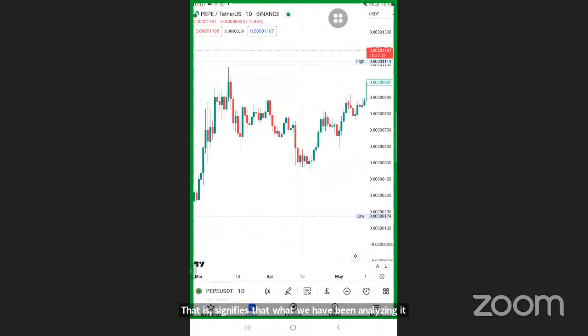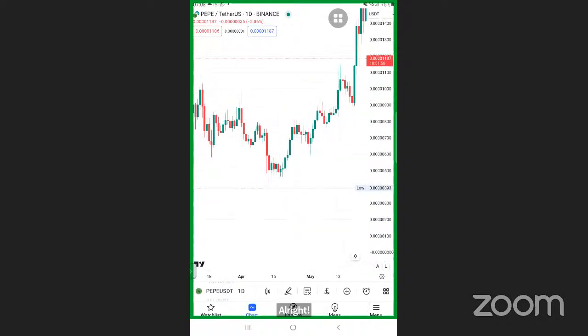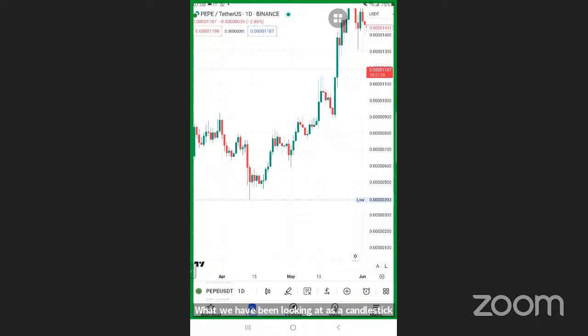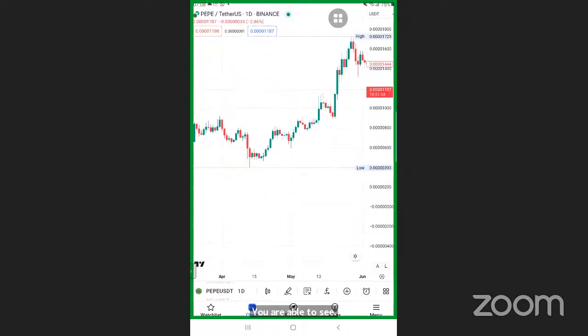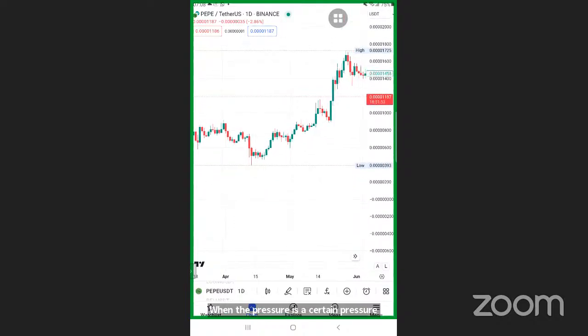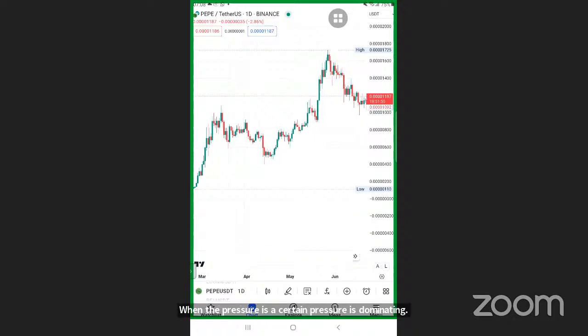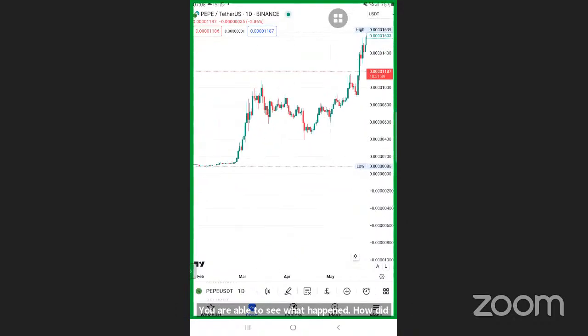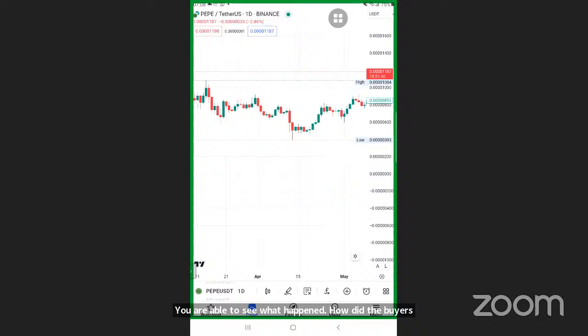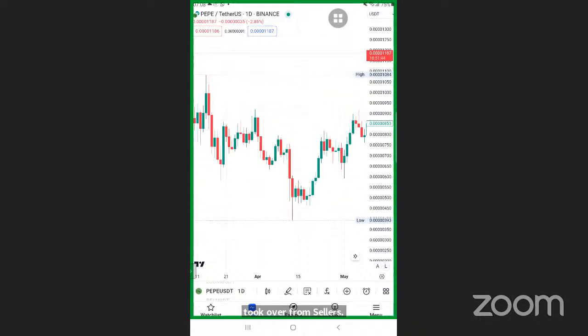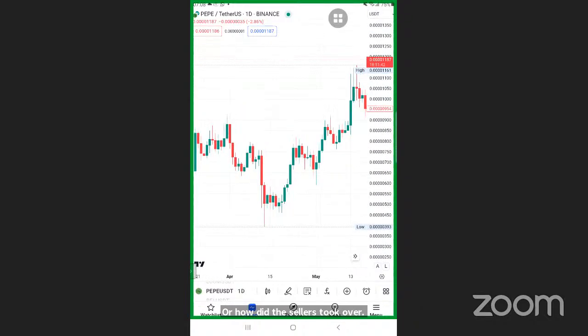All right. What we have been looking at as candlestick chart patterns, you are able to see when a certain pressure is dominating what happened. How did the buyers take over from sellers, or how did the sellers take over from buyers? That's what we are trying to do here.